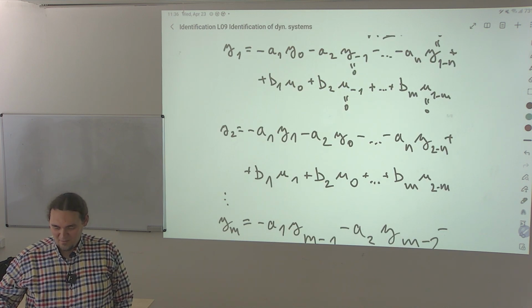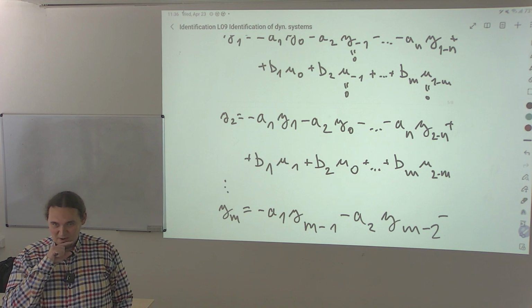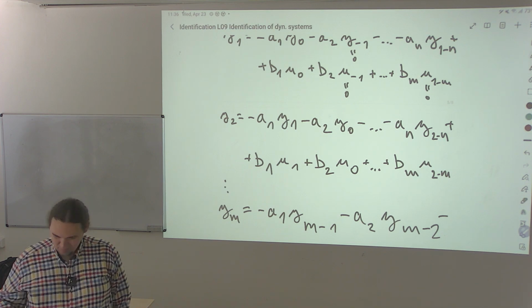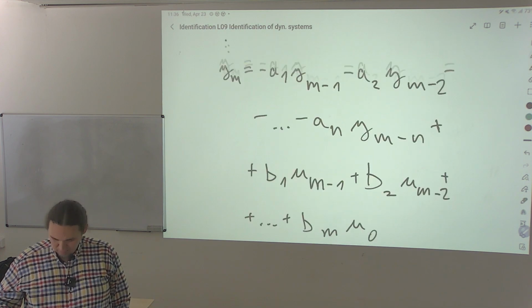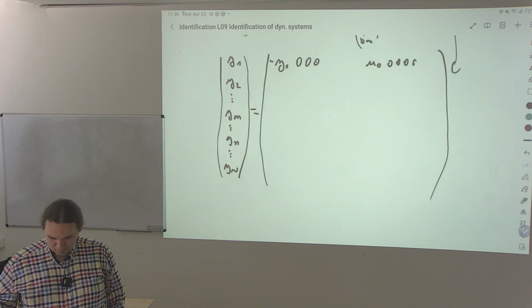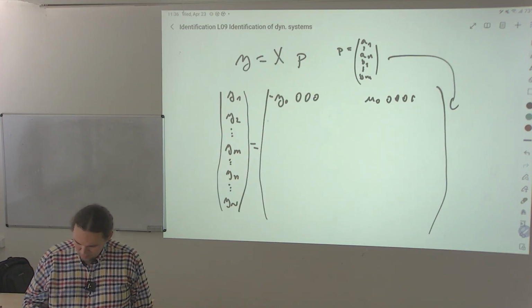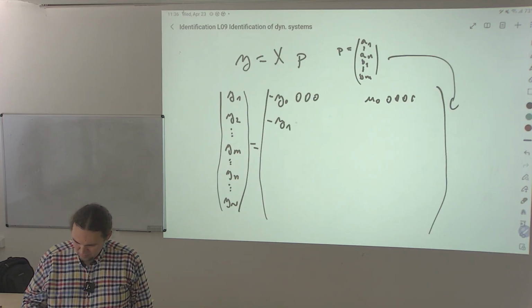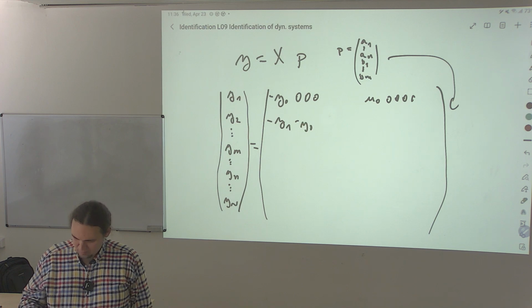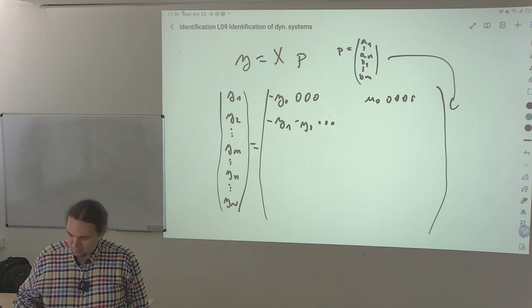What about here? y2, minus y1, then minus y0. Zeros.